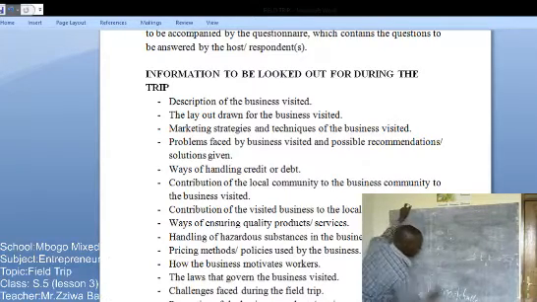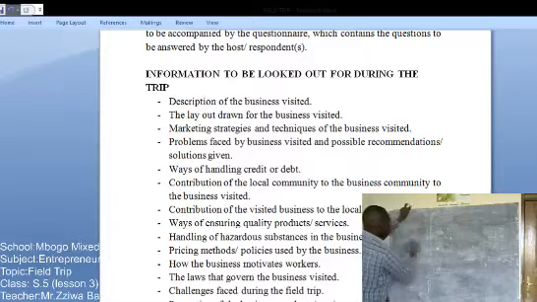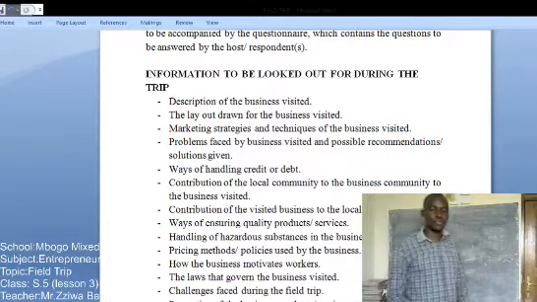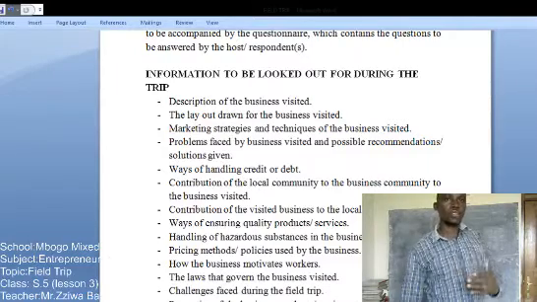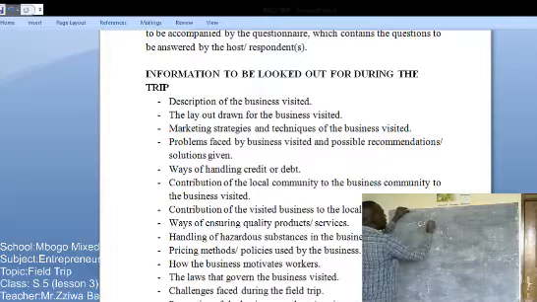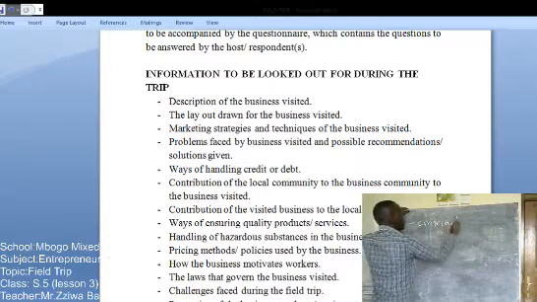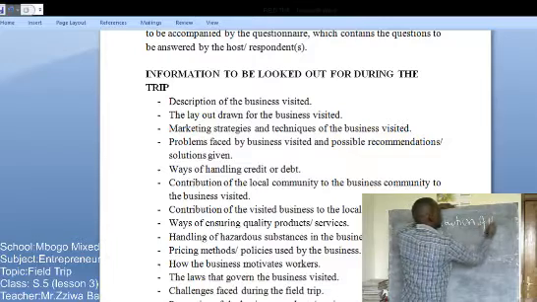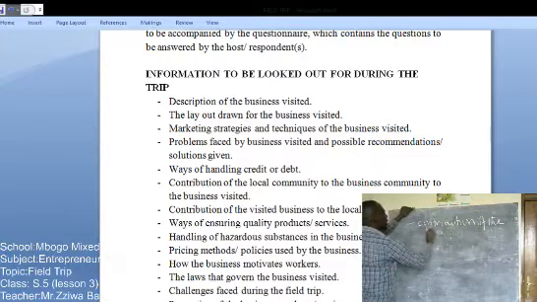Contribution of the business to the community is yet another key issue to note.